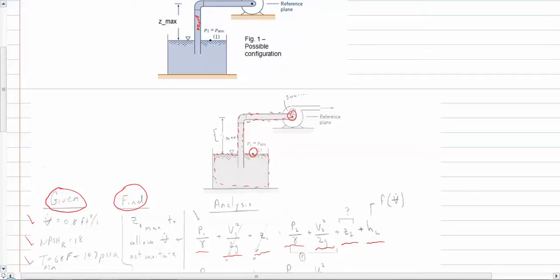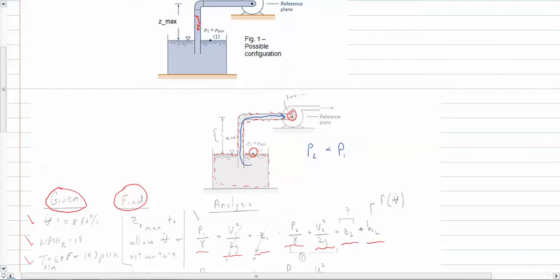What we need to do next is decide what comes and what goes, or what stays and goes. P1 stays because when we're dealing with a problem like this, we always deal in absolute pressures. The velocity of a large reservoir is always 0. The elevation at point 1 is considered 0 because it's a datum. It's a point in which everything else is referenced. P2, we keep it. Again, we're dealing with absolute pressures. Keep in mind, as flow goes from 1 to 2, P2 will be less than P1.